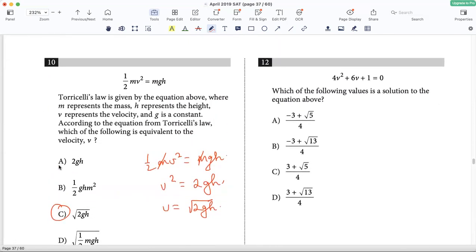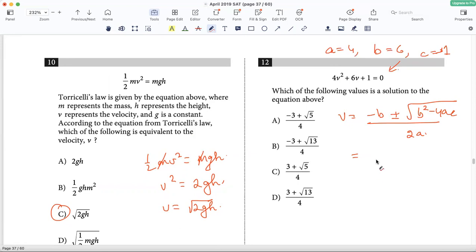Which of the following values is a solution to the equation above? So we can use the quadratic formula, minus b plus minus under root of b squared minus 4ac by 2a, where a is 4, b is 6, and c is 1 from this quadratic equation. So minus 6 plus minus 36 minus 16, right?